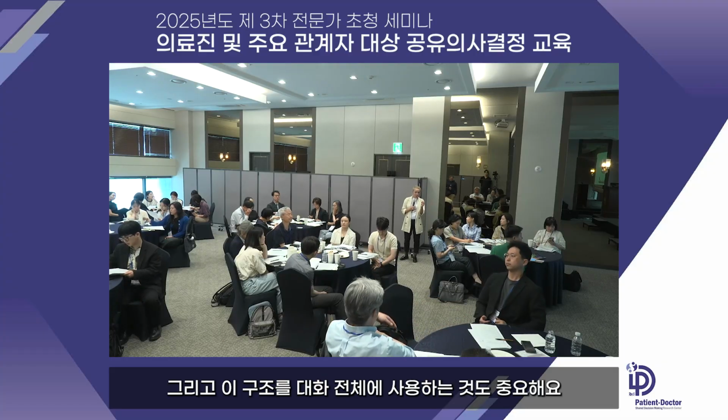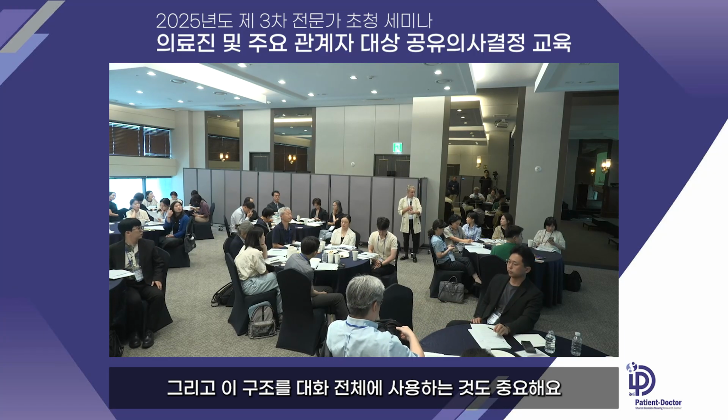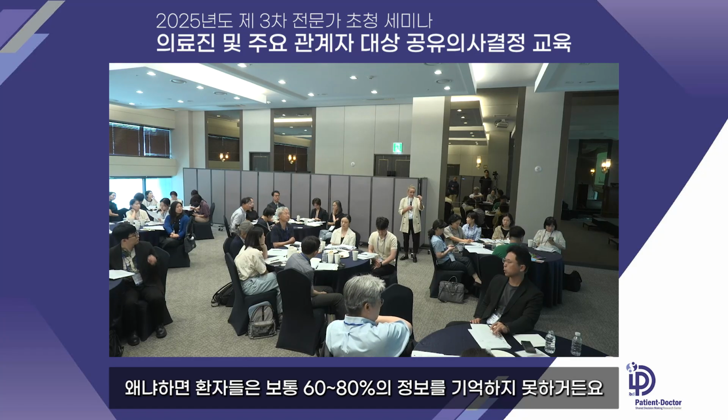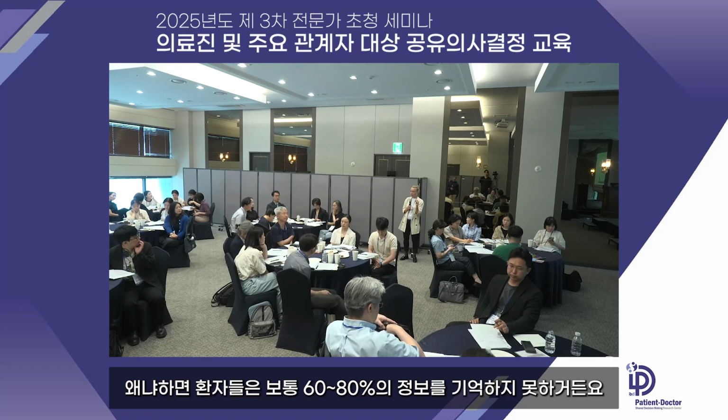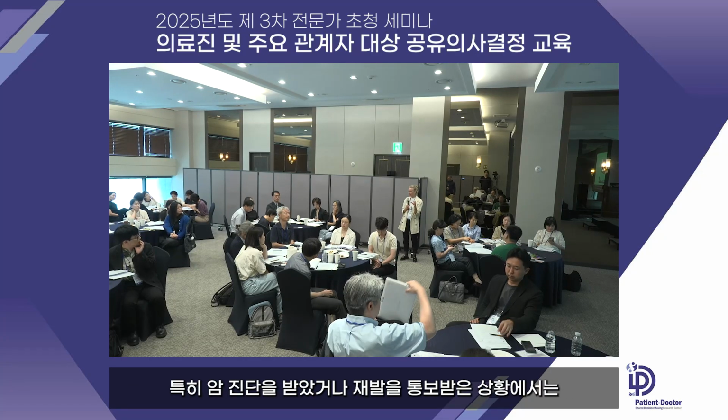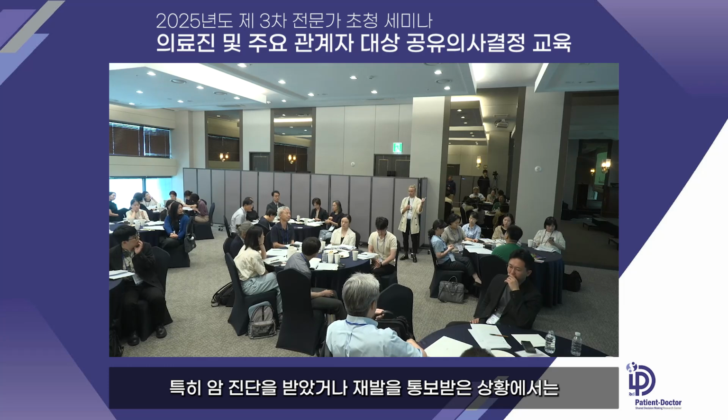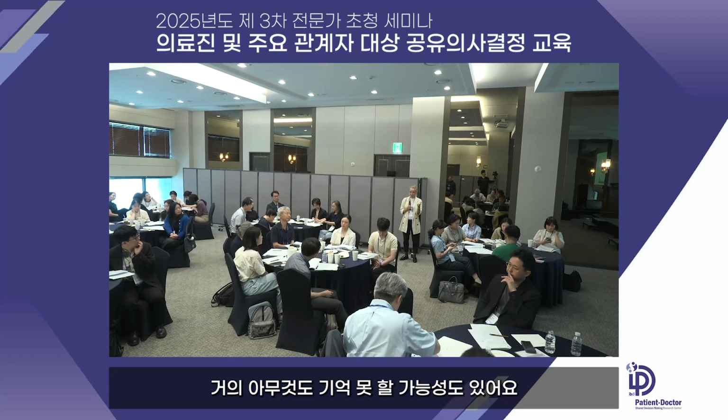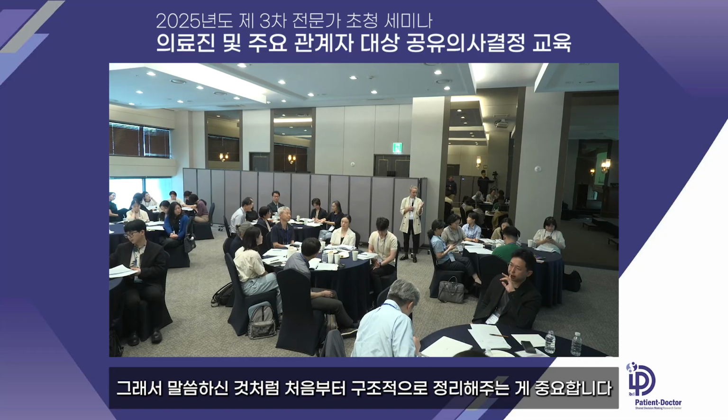And then to also use this structure throughout the process, because we know that patients forget between 60 and 80% of the information we try to provide them. That's a lot. And if you're a cancer patient and just hear that the cancer has spread, probably you will be one of those forgetting a lot. So that's why the structure is very important.